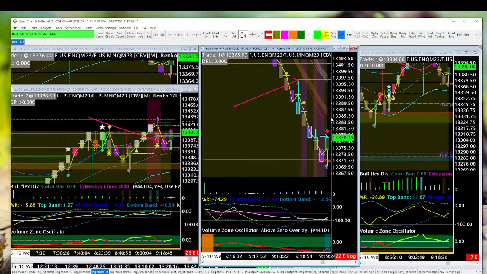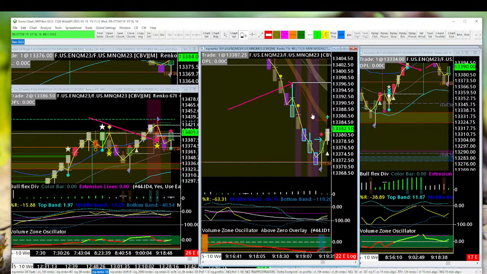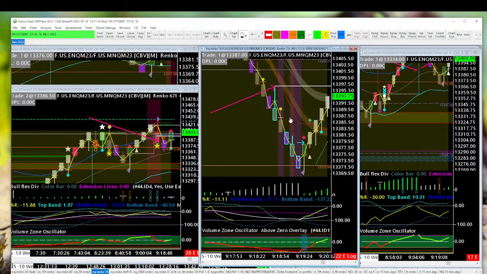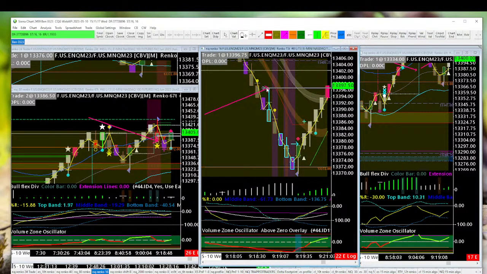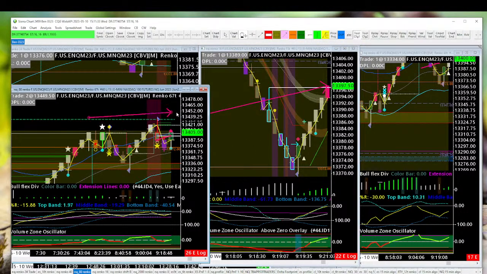Like, that's almost a 2-to-1 move. So it's not wrong, but just realize that when it works perfectly, that's your expectation. And once you hit this, because the higher time frame is bearish, basically, we shouldn't really assume that it's going to go any higher if we believe it's bearish.